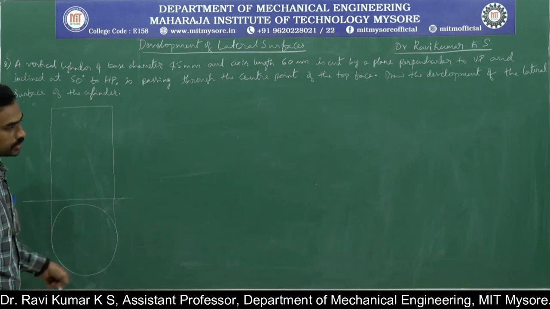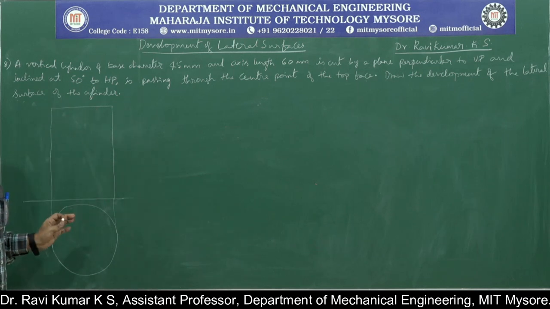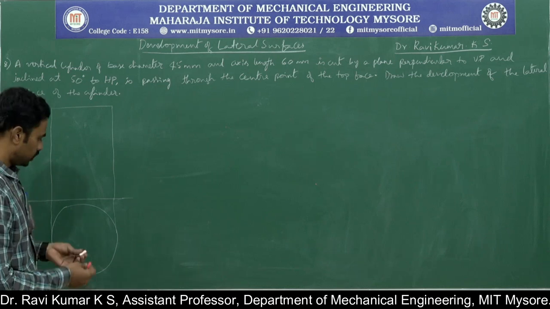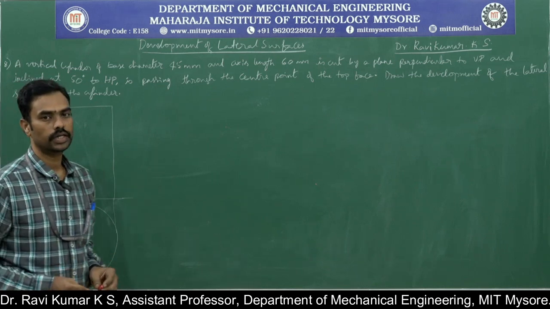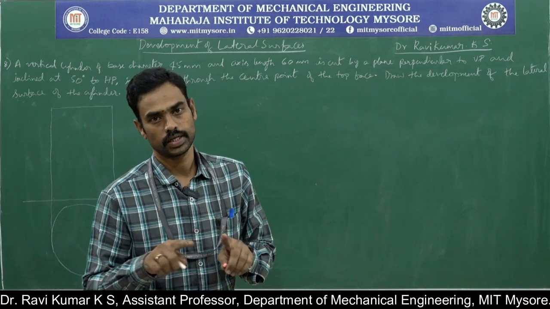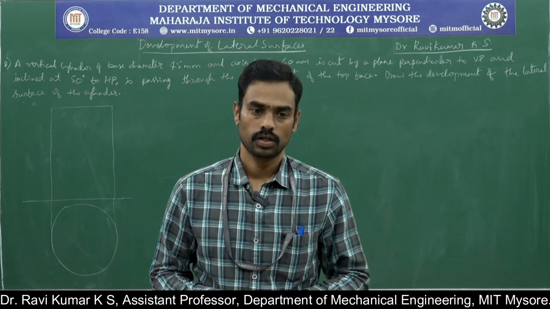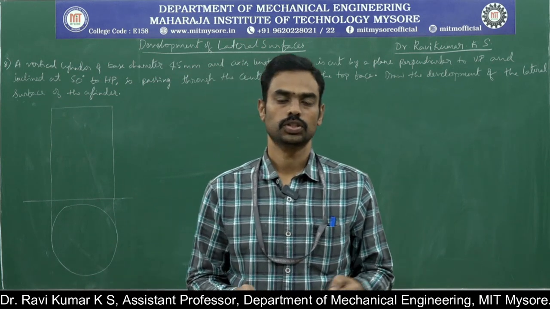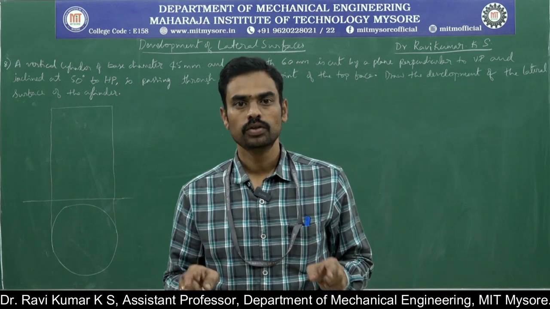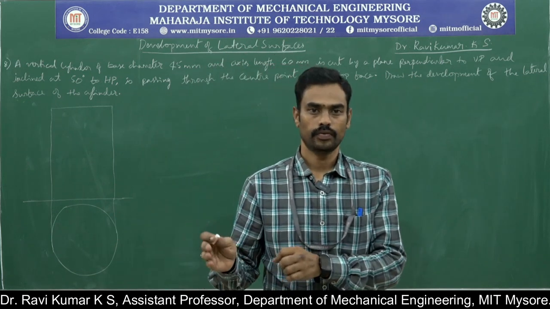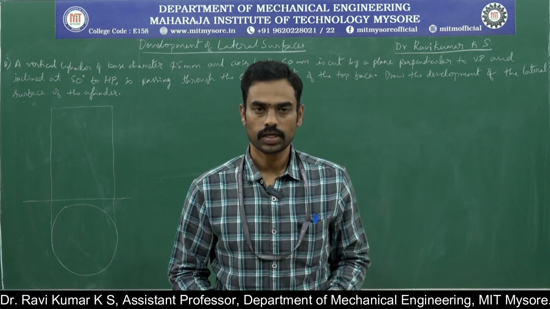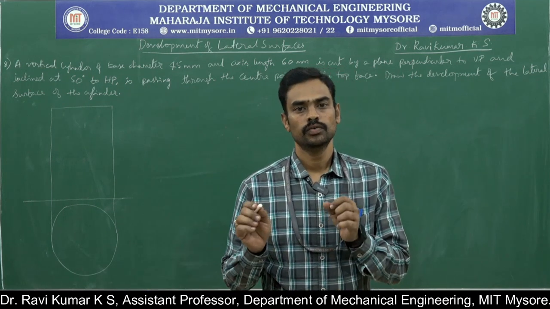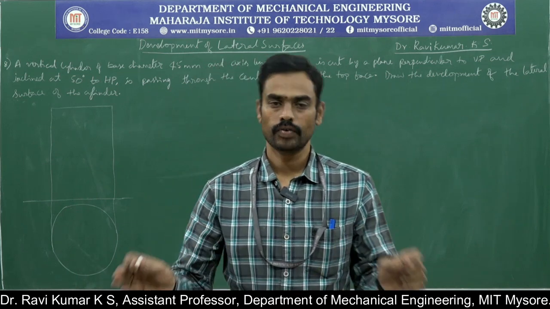A cylinder, in the top view, looks like a circle, and in the front view it will look like a rectangle. The projection of the cylinder will look like a rectangle. The top view of the cylinder is a circle. As you all know, you have already gone through projections of solids and projections of planes, where to draw the top view and the front view in different positions you divided the circle into 4 equal parts or 8 equal parts or 12 equal parts.